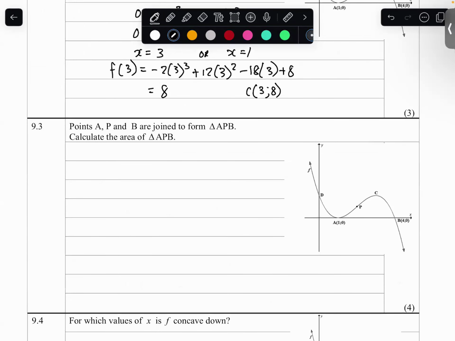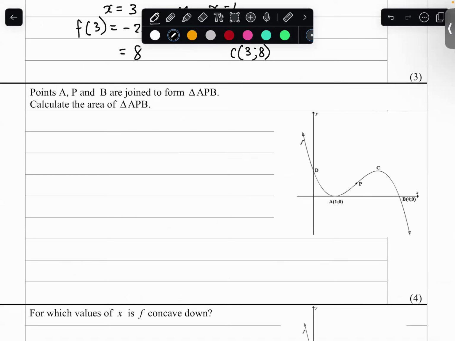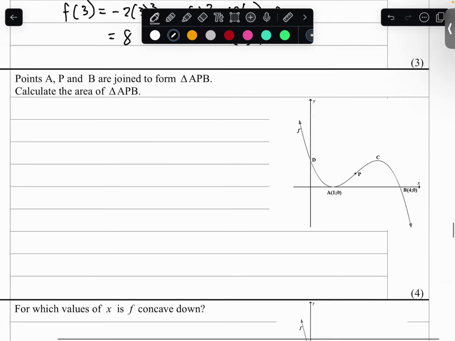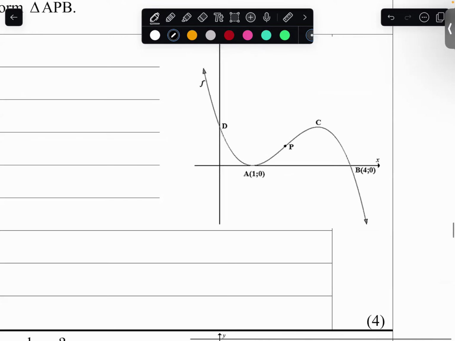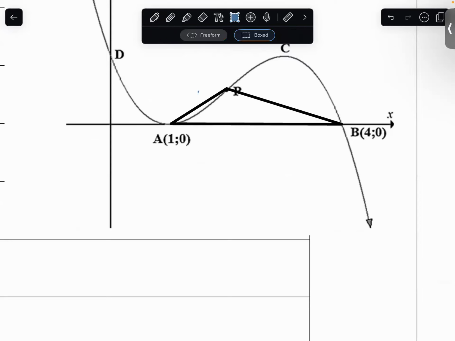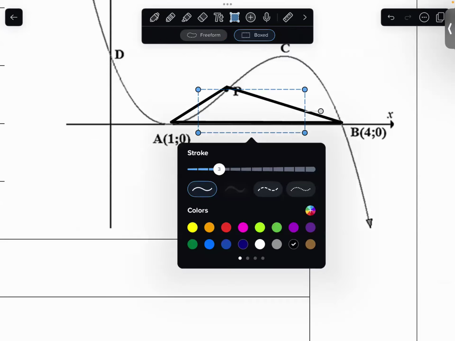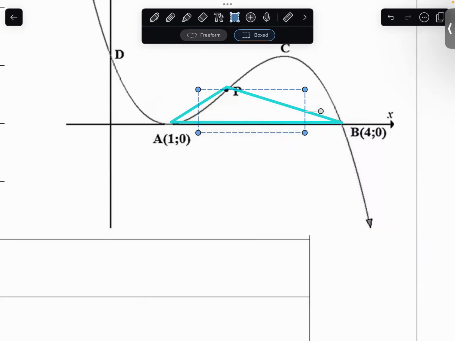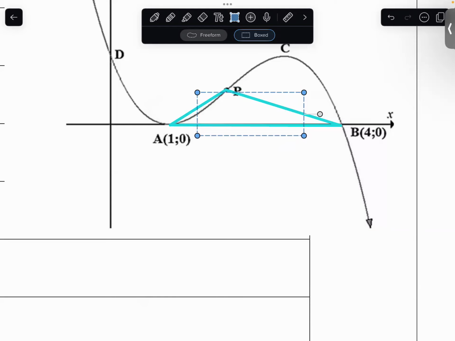Here it says points A, P, and B are joined to form triangle APB. Let's do that. A, P, and B. Okay, right.